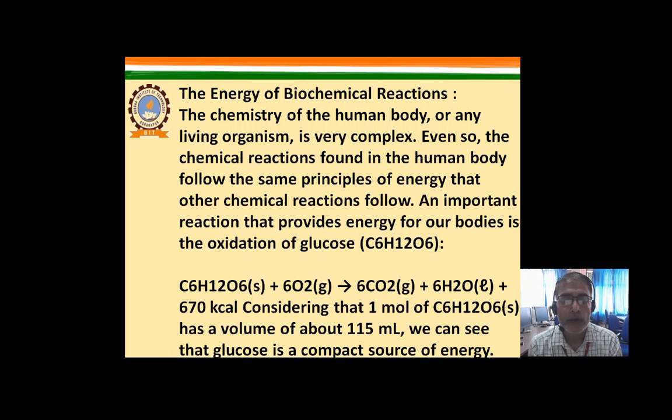In the below equation you can see C6H12O6 plus 6O2 is equal to 6CO2 plus 6H2O plus 670 kilocalorie. Considering that 1 mole of C6H12O6 has a volume of about 115 ml, we can see that glucose is a compact source of energy.